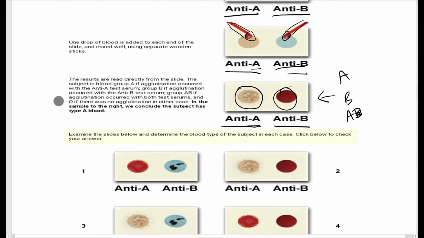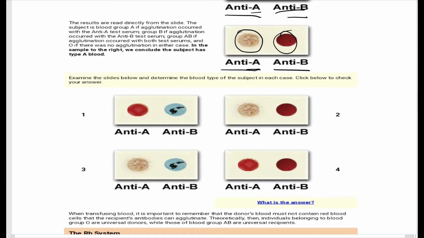Okay? So to look at real examples, here we are. Question 1, we have antigen A and antigen B, and we have used a blood sample on both of these. You can already see in antigen A, the blood still looks the same.